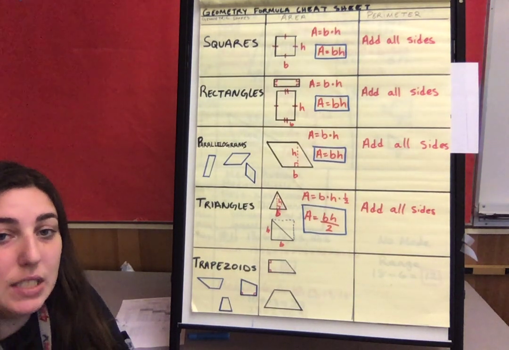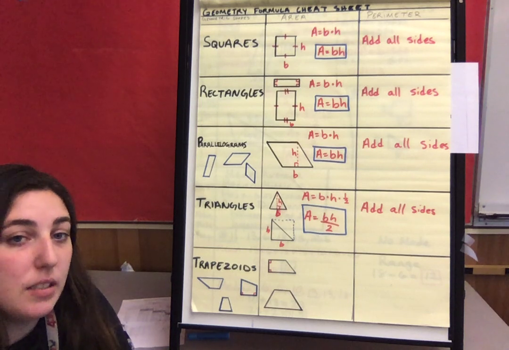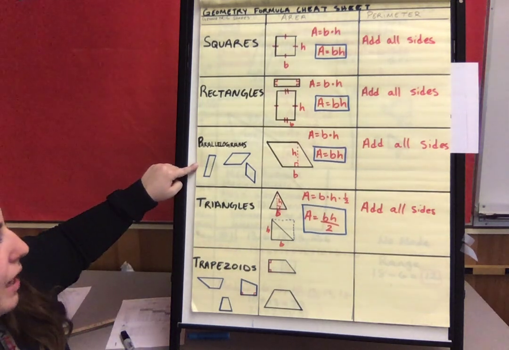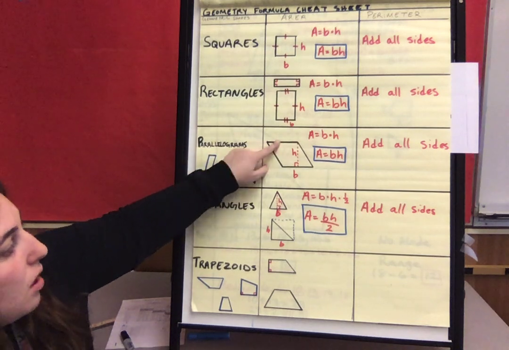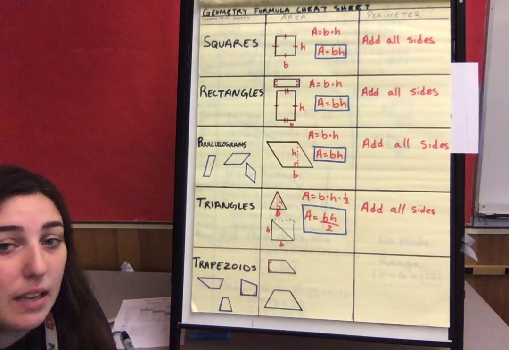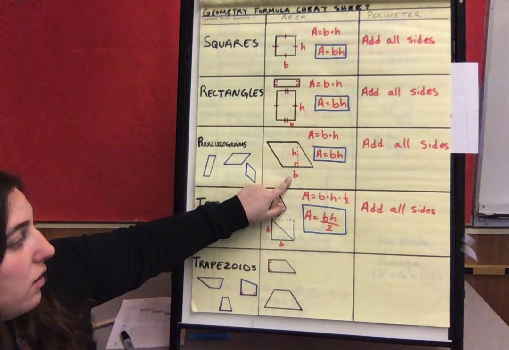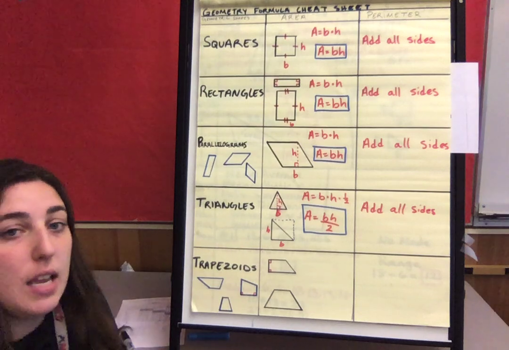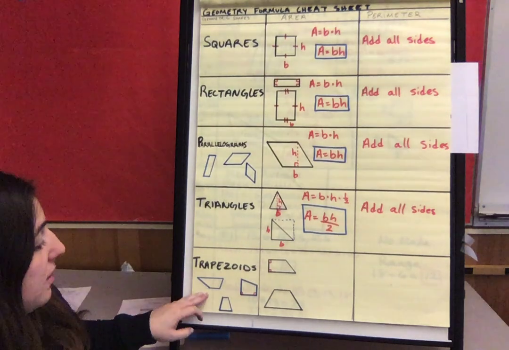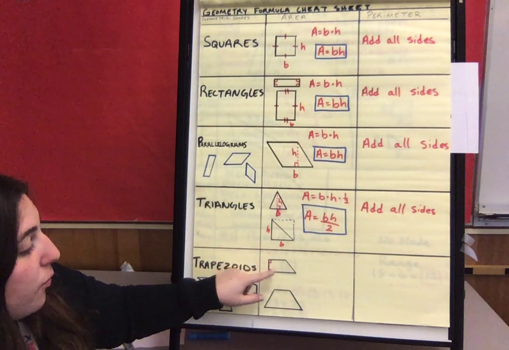So it's going to have different lengths of bases. Parallelograms, however, with the bases of a parallelogram, the bases are the same length. And so we say that it has a base, just one base, because both of the bases are the same length. But the bases on a trapezoid, they're different lengths.